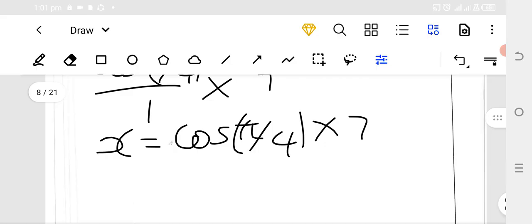Make sure your calculator is in radians. If it's not, you're going to find a different answer. So you type cos pi over 4 then times 7.